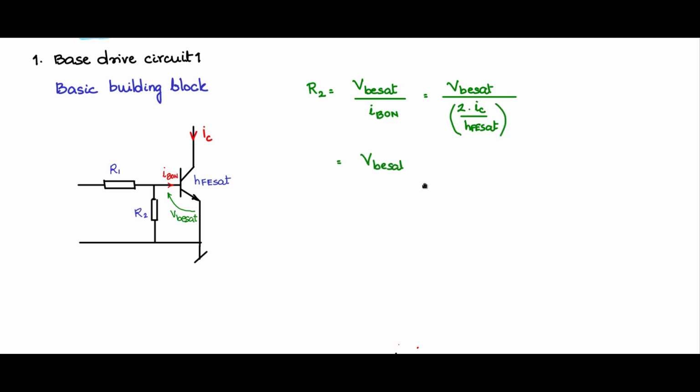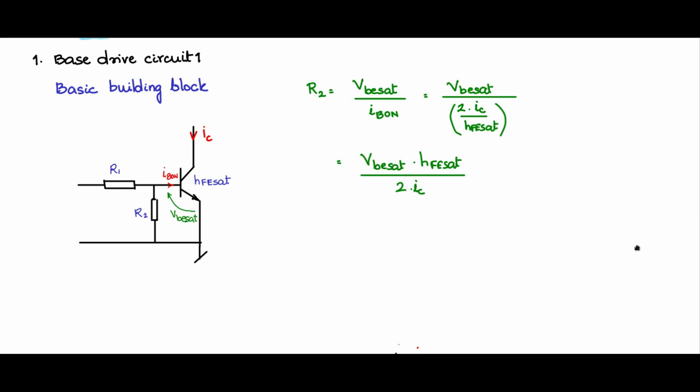And therefore we can say VBE SAT into HFE SAT by 2 times IC will be the equation that one can use for choosing R2. You can also choose the power rating of R2 because you know the current that is going to flow through that. IB on into root of the duty cycle will give the RMS current, and thereby you can find the IRMS square into R, the power dissipation of the resistor.